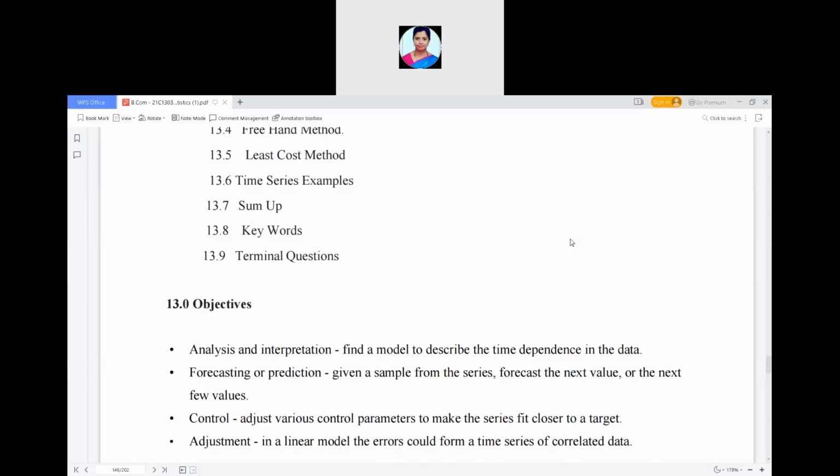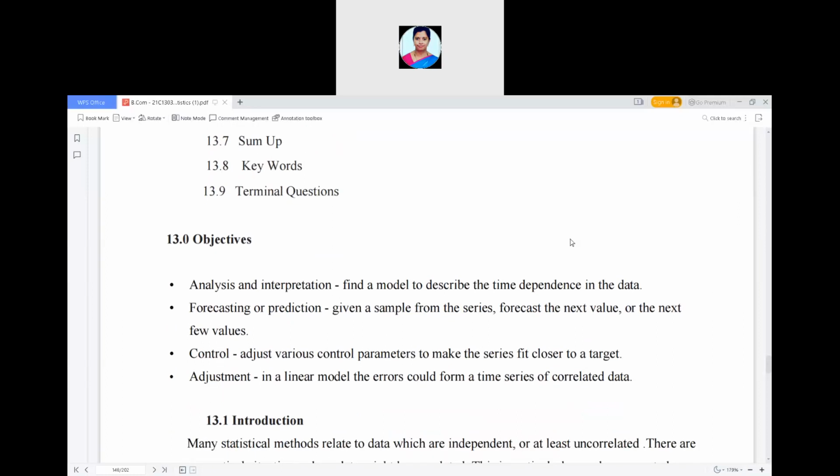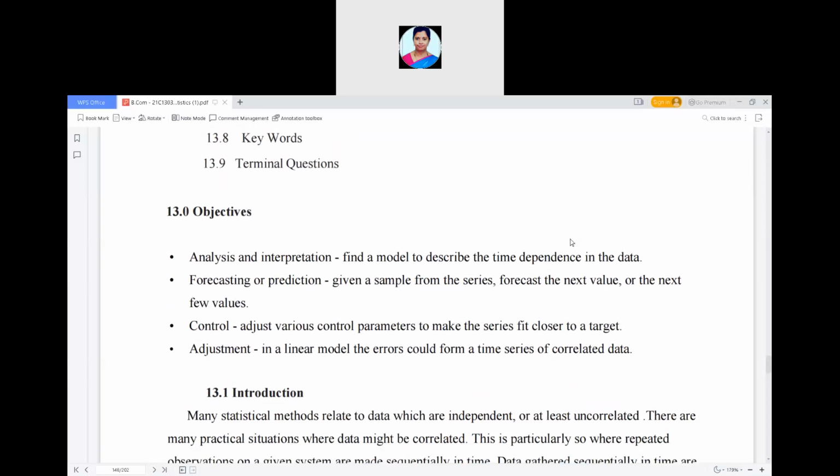The next one is control. Control the parameters, adjust the various parameters to make the series stick closer to target. So in the adjustment in a linear model, the errors could form a time series of correlated data. So these are our objectives.